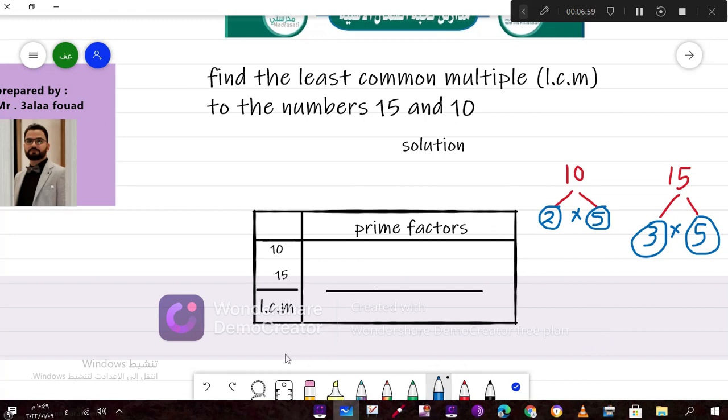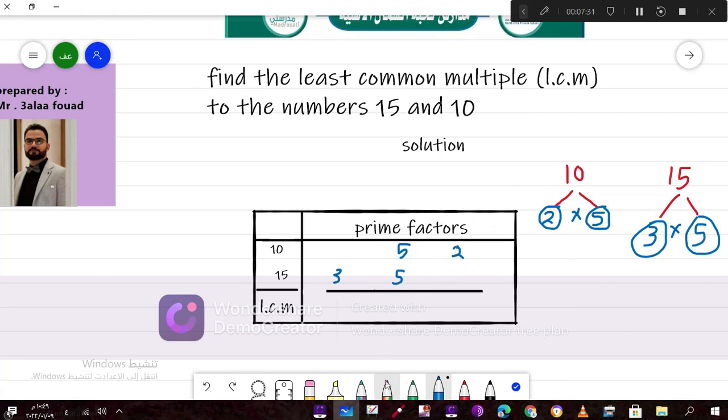We match the like factors and leave space where there is no match. 15 has prime factors 3 and 5, so we write them. 10 has the prime factors 2 and 5. We write the 5 in its column, leave a space, and write 2.